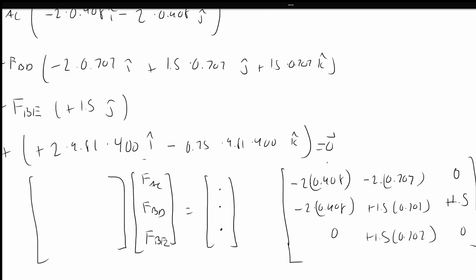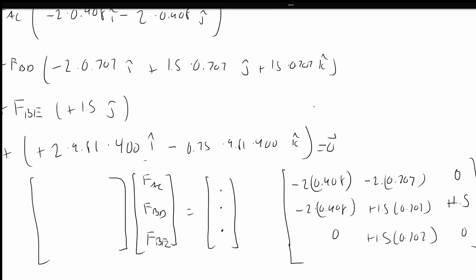Oh, that's not an equal sign. This is a multiplication: a 3 by 3 matrix multiplied with a 3 by 1 vector. I'm going to move this over a little bit. Why is it so hard to grab stuff in OneNote?